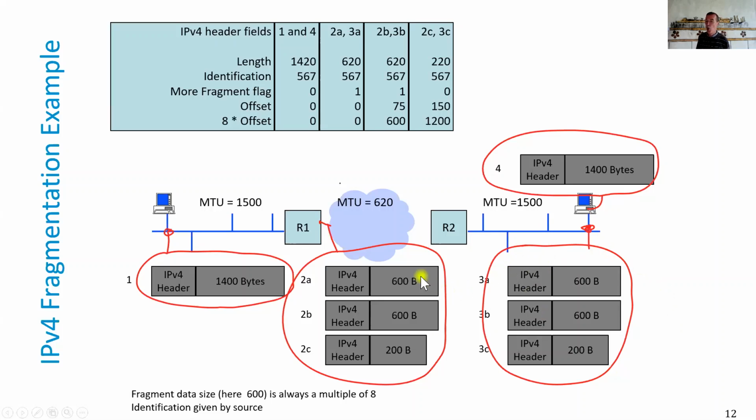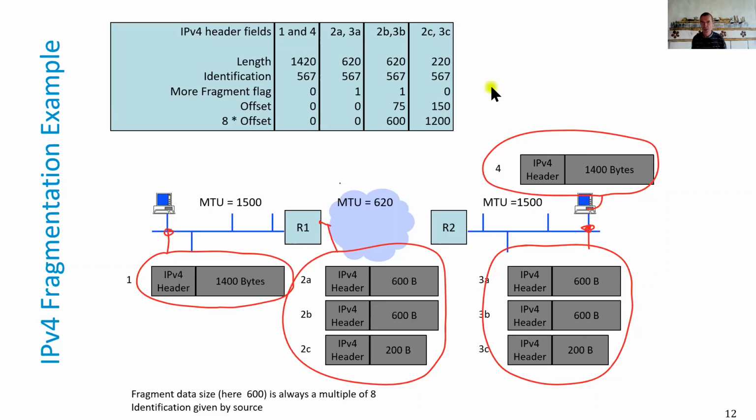The destination hopefully will receive the 3 fragments. It may not receive them in order if there are multiple paths in the network and the routers don't do the kind of things we saw earlier in OSPF to keep the packets of the same flow together. Most will do, but if that is not done, the packets may arrive in any order. And when the packets arrive, these different fields will be used by the IP layer to reconstruct the original datagram.